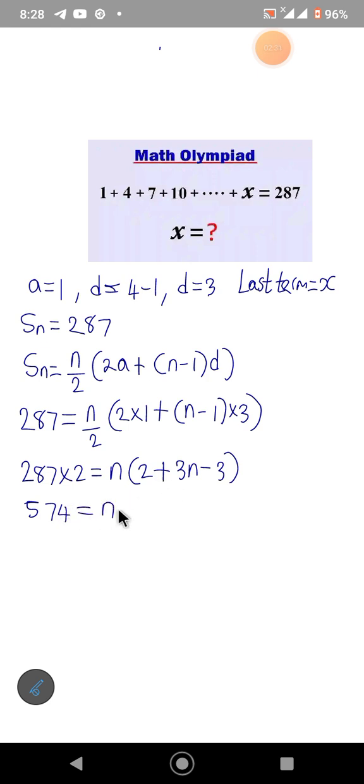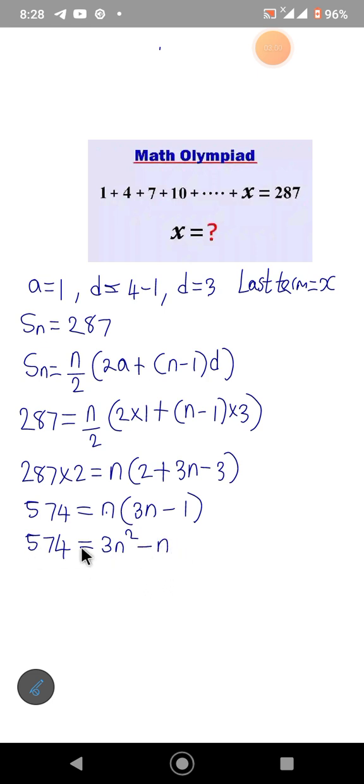Then we have n, open bracket. We have 2 here, we have minus 3 here, so we'll say plus 3n. I'll put the 3n here. Then 2 minus 3 will give me minus 1. Close my bracket. The next thing I will do, I will write 574 equal to n times 3n, which gives 3n squared, while n times minus 1 gives minus n.